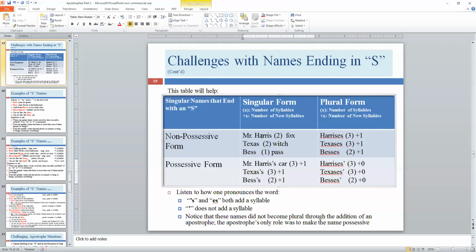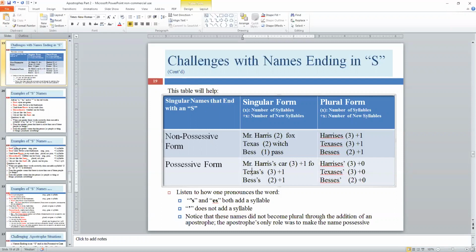This is one of those cases where we actually add a syllable without adding a vowel. So we have added a syllable, but we don't add a vowel to the construction. That would, after all, look really weird, wouldn't it? So we couldn't do that because that would violate a rule. We know when we have a singular noun in the possessive form, we add the apostrophe S. There's no reason to vary it.